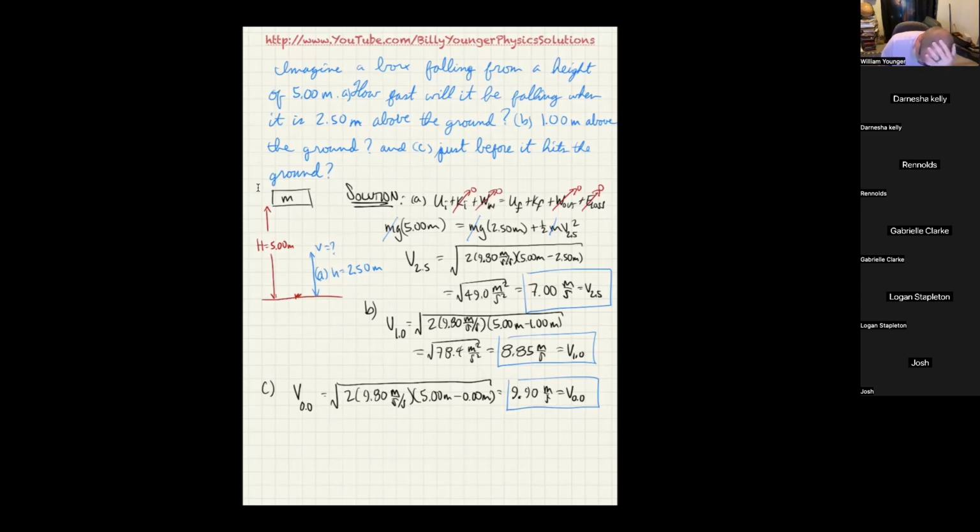So that's exactly what that actually turned out to be. So by doubling the height it fell, I actually increased the speed not by a factor of 2, but by a factor of the square root of 2. Any questions on that?